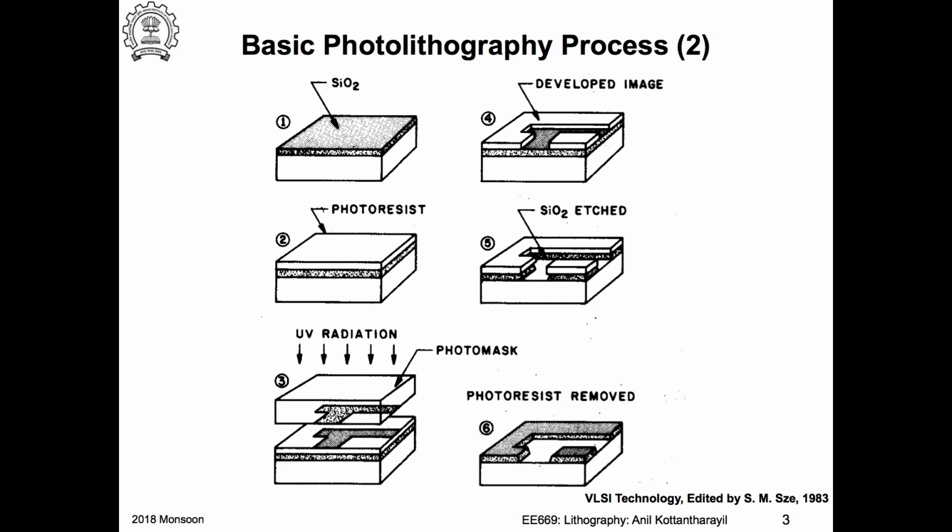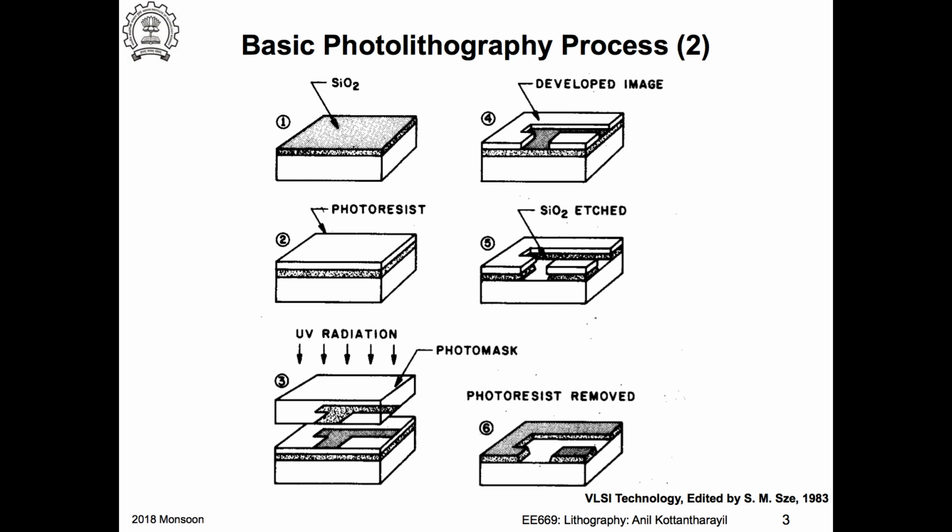If you look at the cost of setting up a manufacturing line for making integrated circuits, one of the most expensive parts of the whole thing is actually the photolithography system. It can be very complex, very precision equipment.